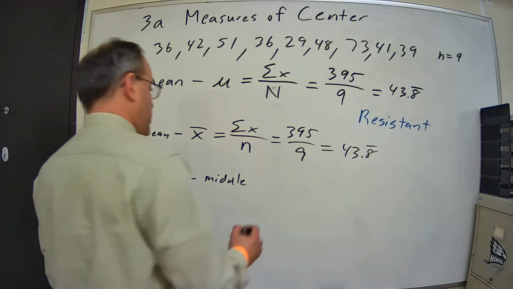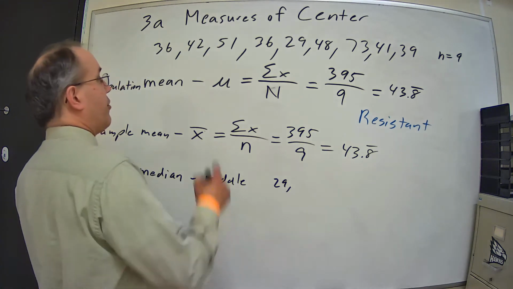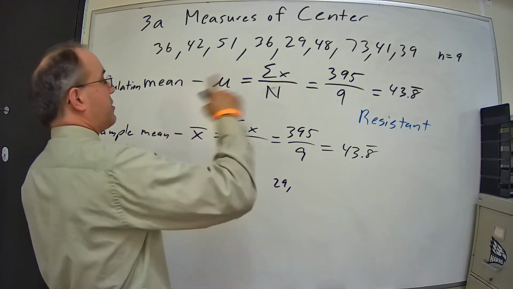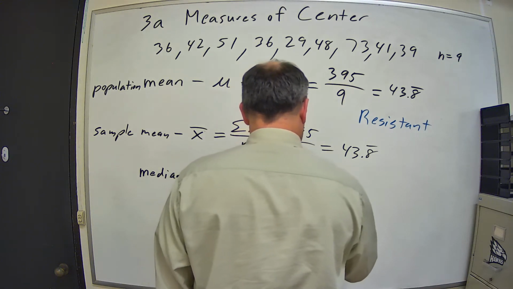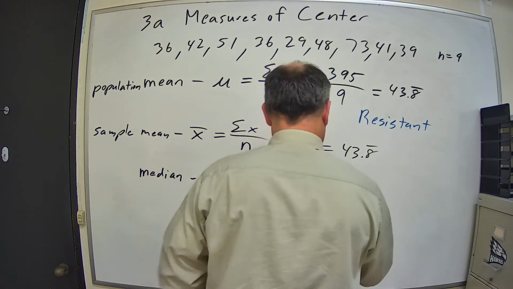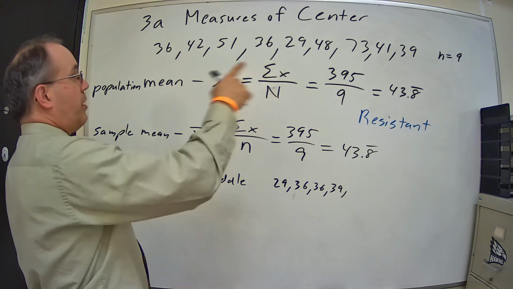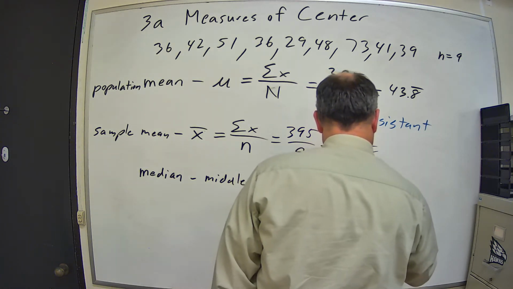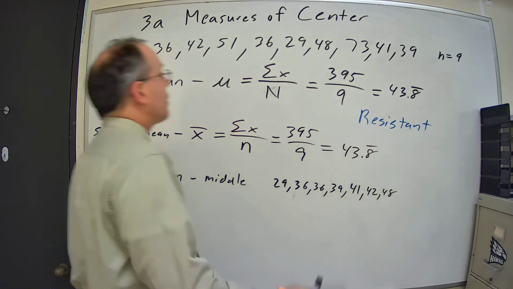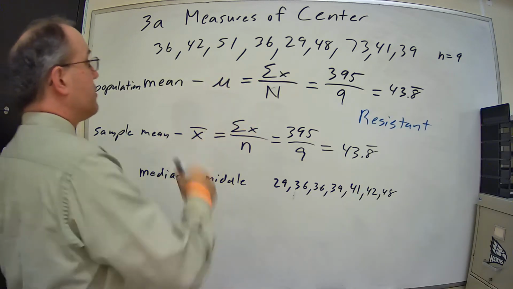Looks like our smallest is 29, followed by 36, 36, 39, 41, 42, 48, 51, 73.